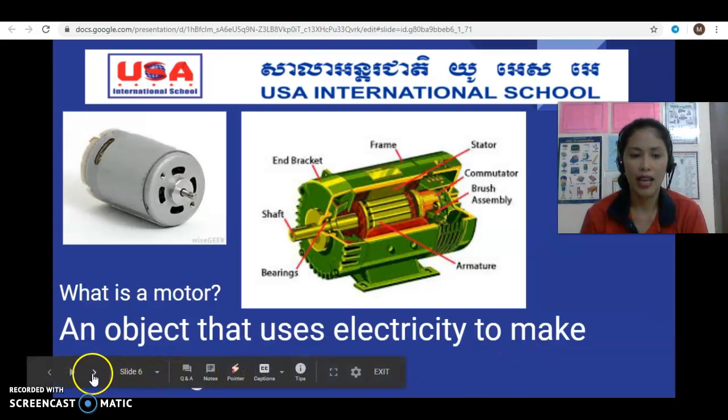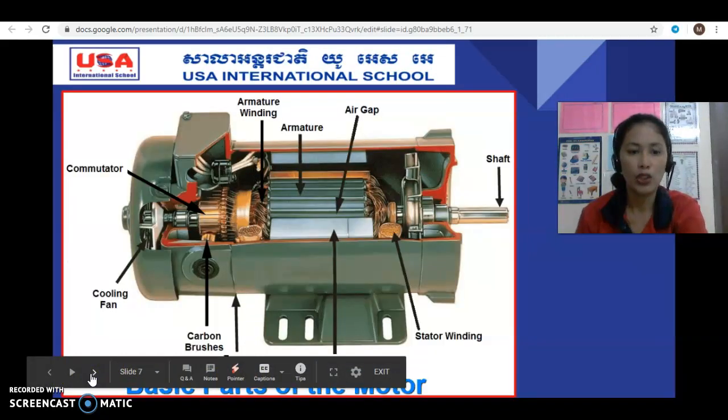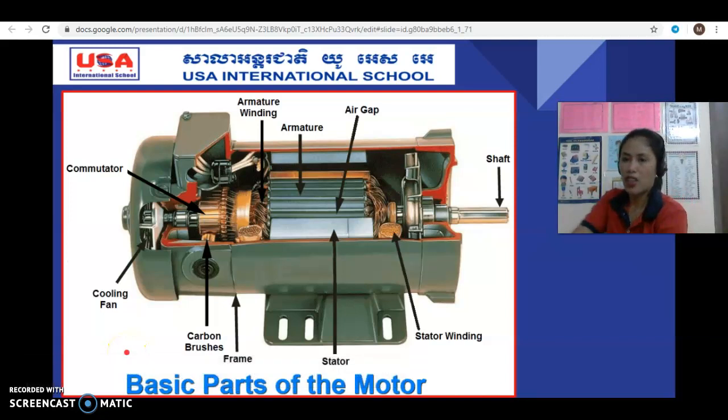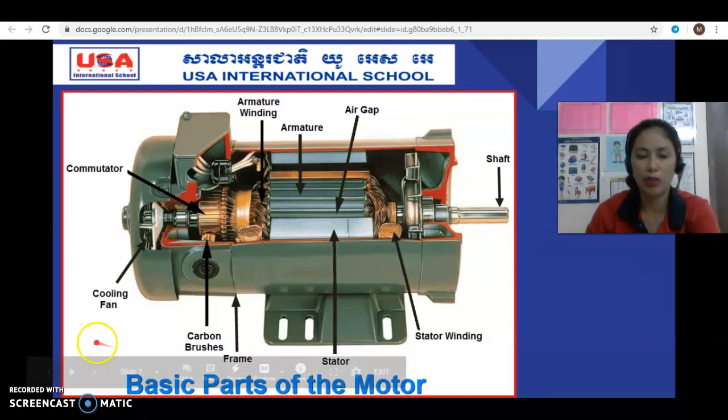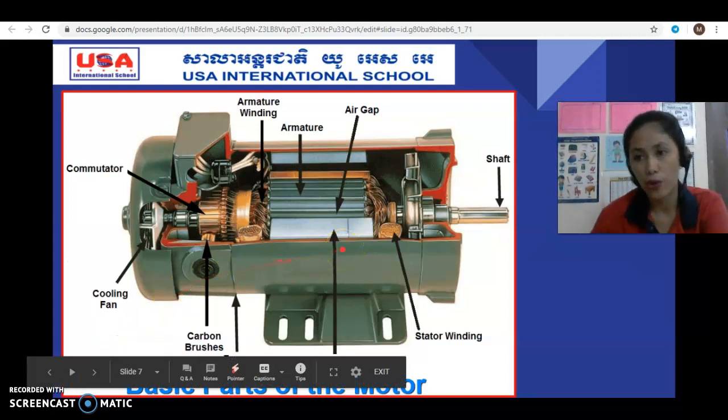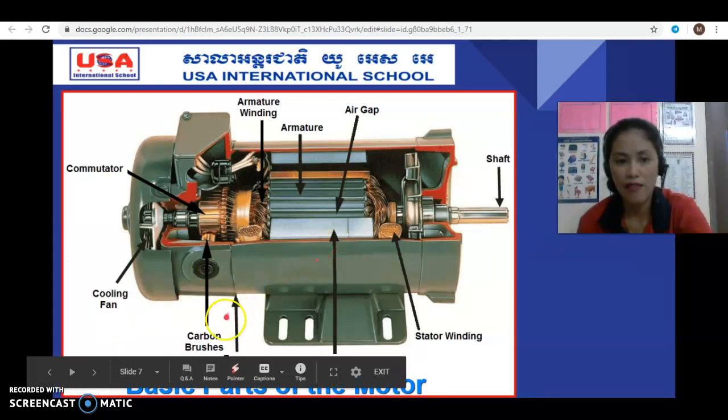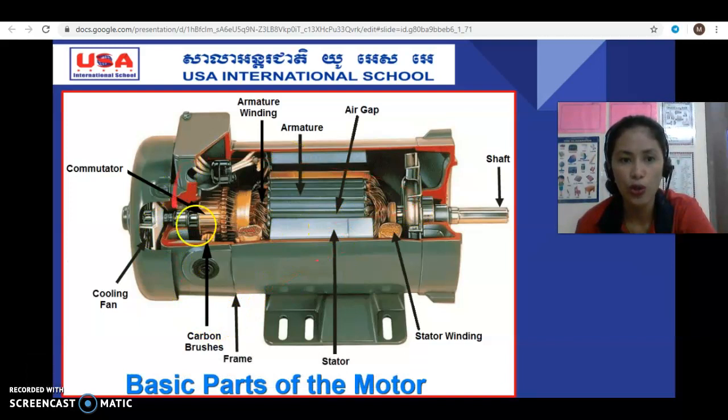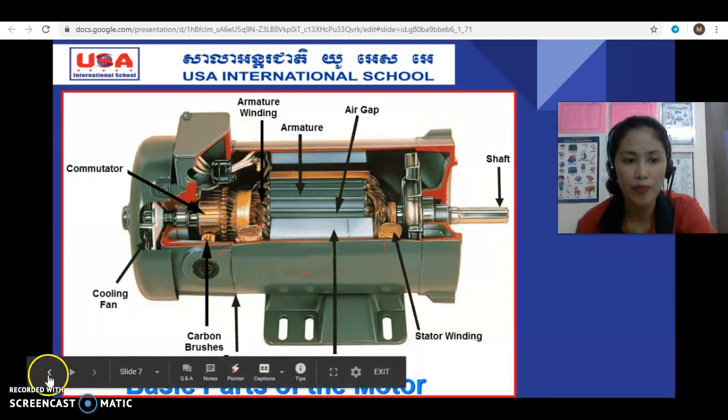Okay. Next. So if you look at a motor, these are the parts of the motor, but we will not really go through it because it's more advanced, and I'm just going to show you what's inside a motor. So this is the inside of the motor that we see.